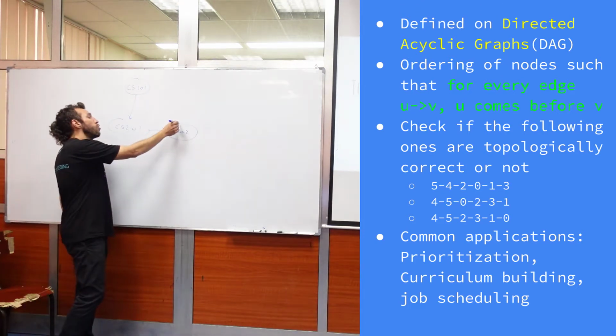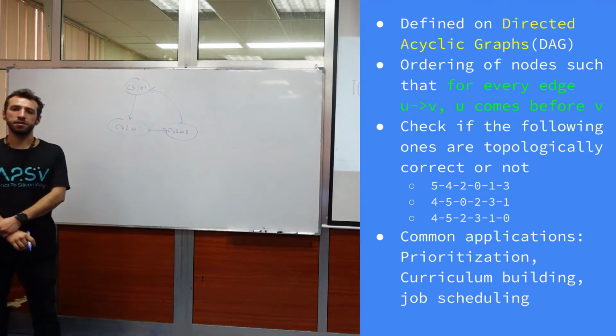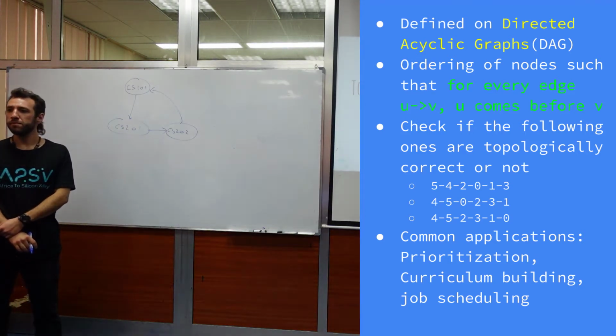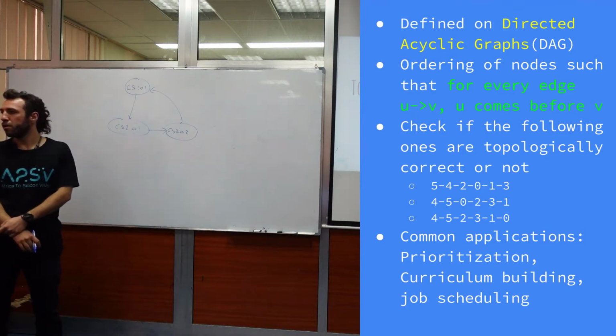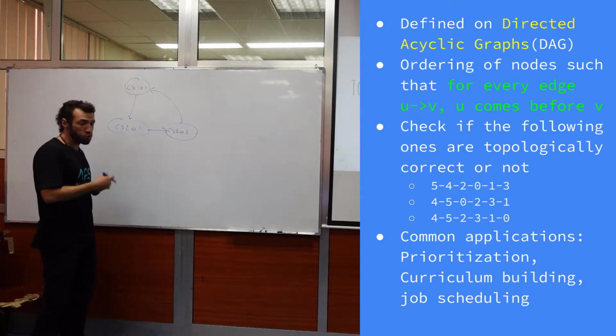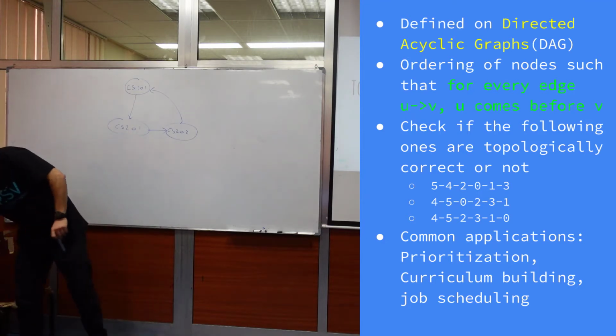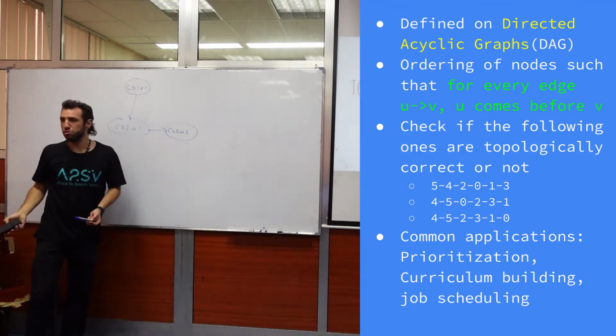So if 202 is also depending on 101, can we build a curriculum here? Again, we have the same problem, right? Which one are we going to start from? So that's why, by nature, this graph should not contain any cycles, so that we can talk about topological sort.